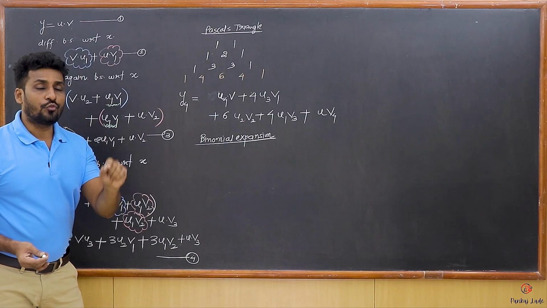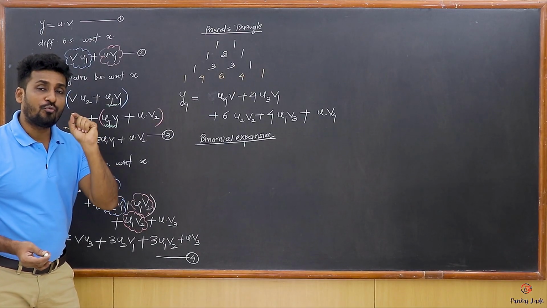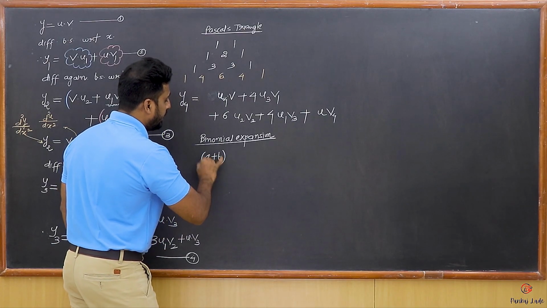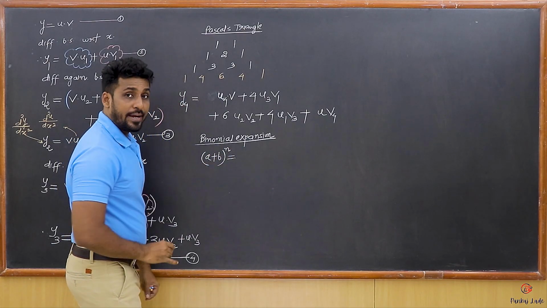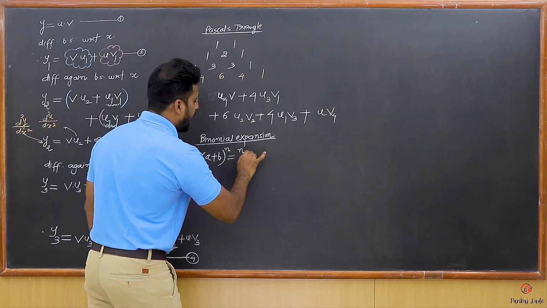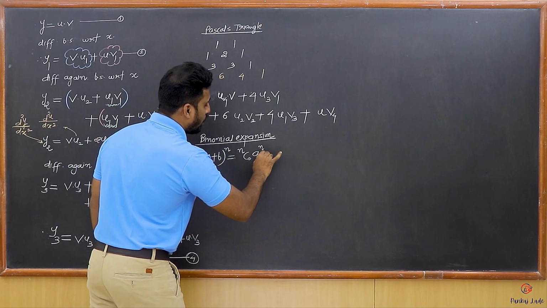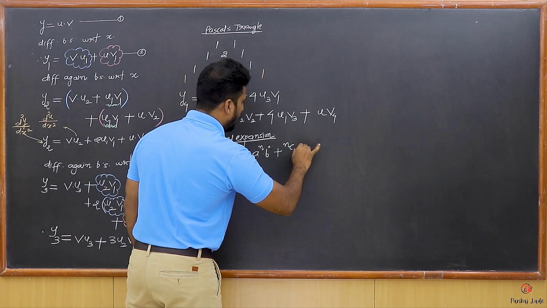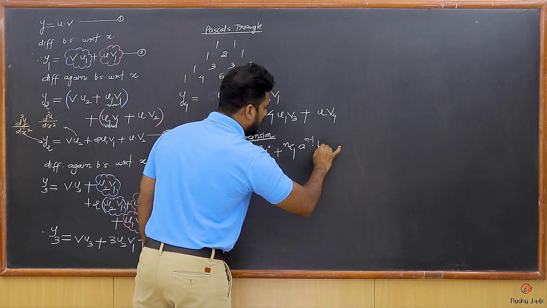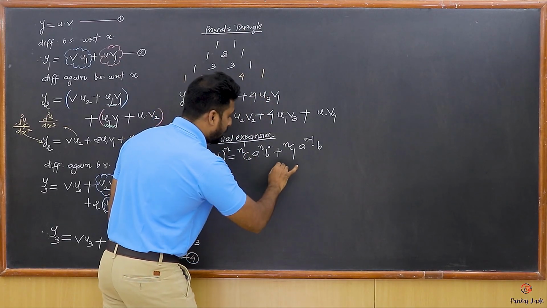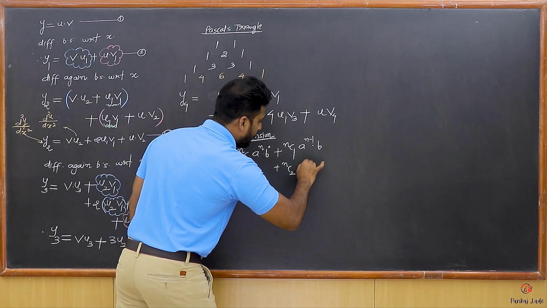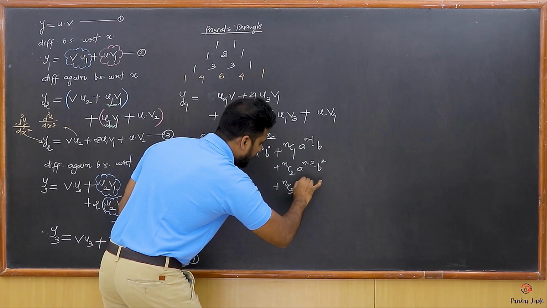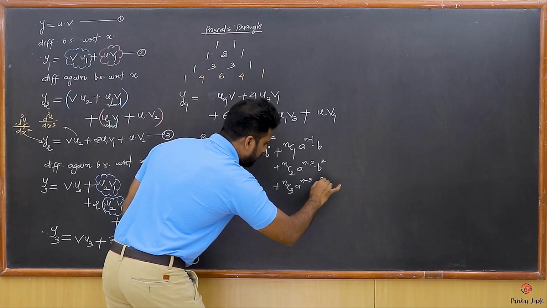So you need to be first of all very much aware of the formula of binomial expansion. So let's see what it is. I can say a plus b raised to n. We know a plus b raised to n can be written as nc0 a raised to n and b raised to 0, then plus nc1 a raised to n minus 1 into b raised to 1, and then plus nc2 a raised to n minus 2 into b square, then plus nc3 a raised to n minus 3 b cube.